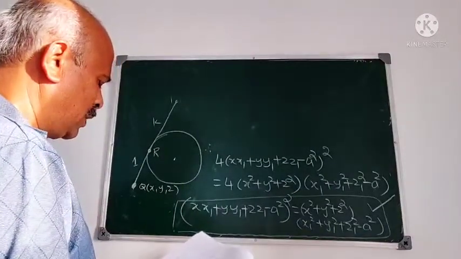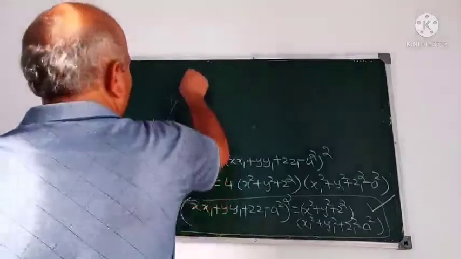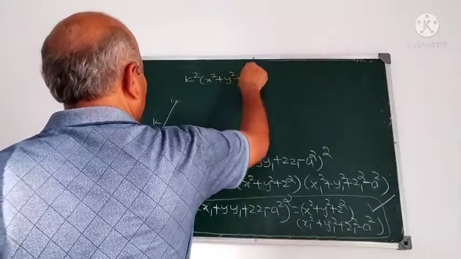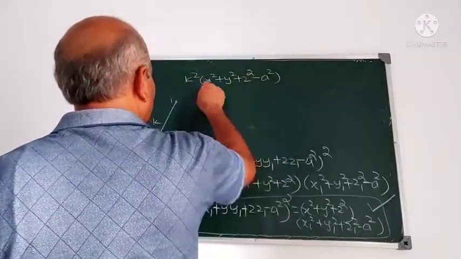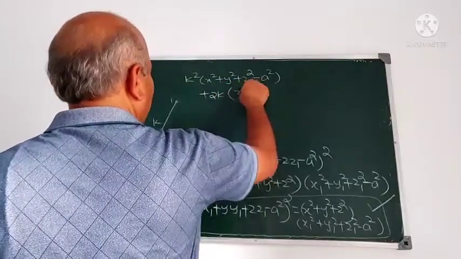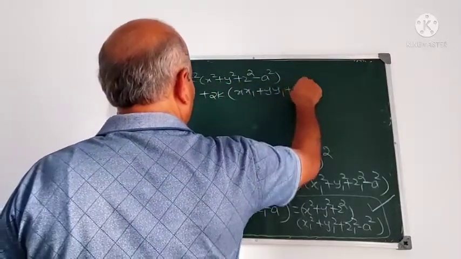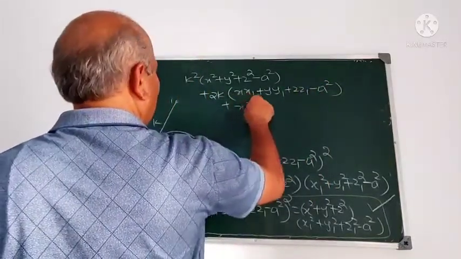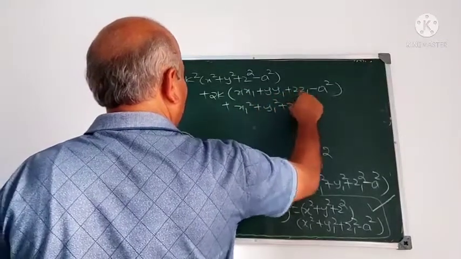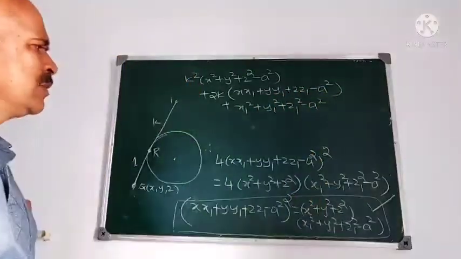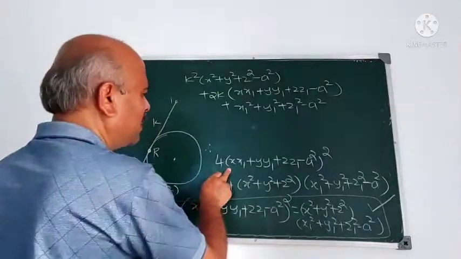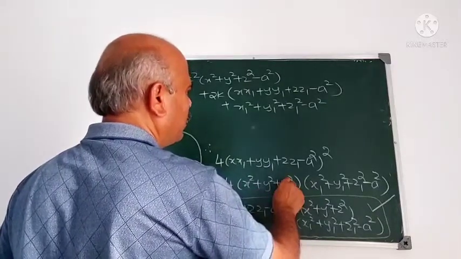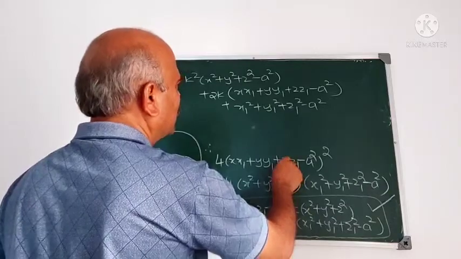Refer to equation 3: k square into (x square plus y square plus z square minus a square) plus 2k into (x x1 plus y y1 plus z z1 minus a square) plus x1 square plus y1 square plus z1 square minus a square. In all the three terms a square must be there. So b square is equal to 4ac, and minus a square is there, correct? Yes, here it is there.